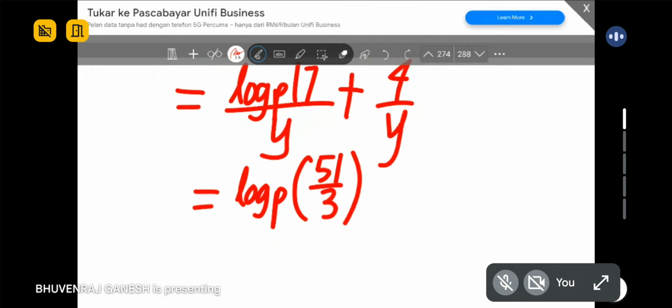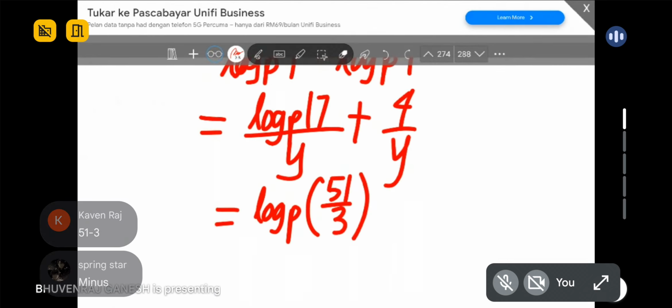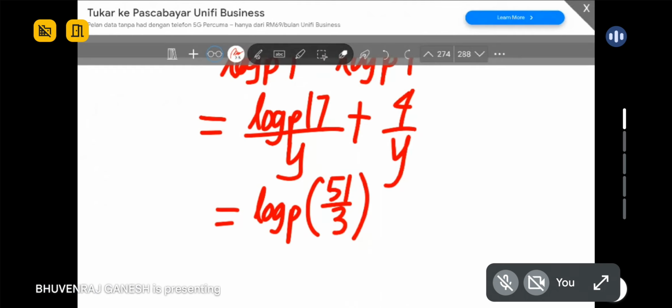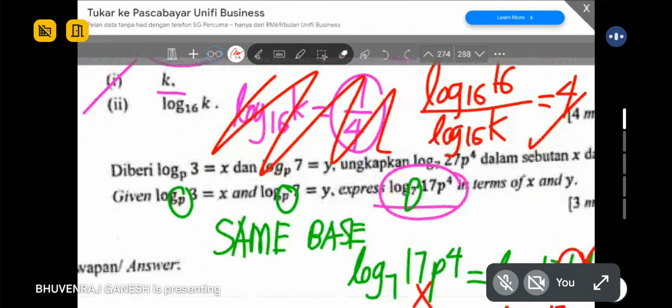51 over 3. If you guys can try, you can do trial and error. Let me see. Wait, 3 times 3 times 7. Wait, 17. 51 over 3. Let me see. 17.